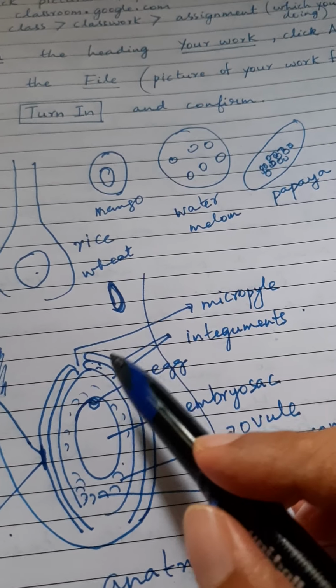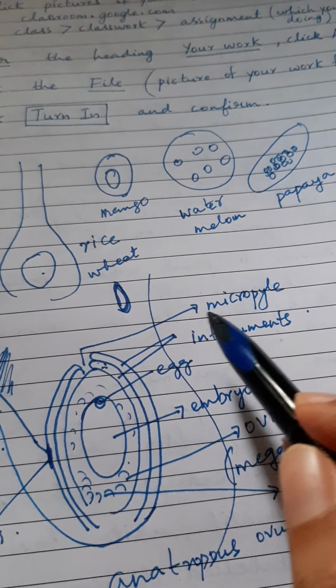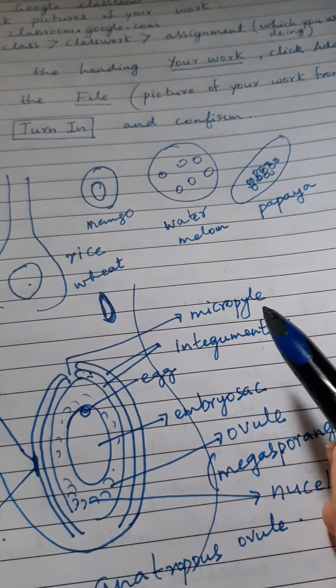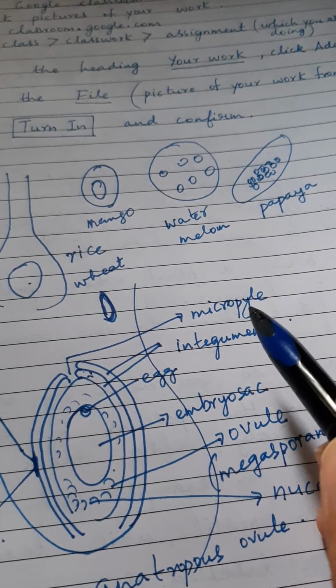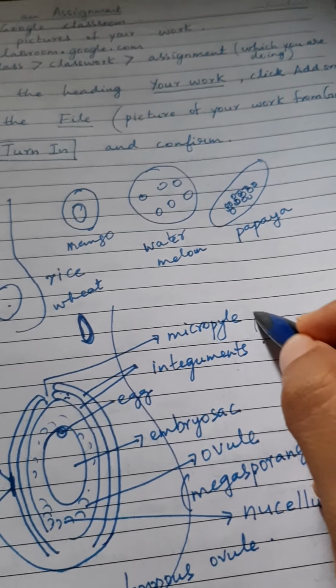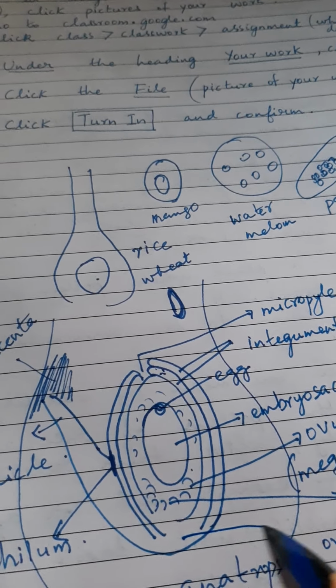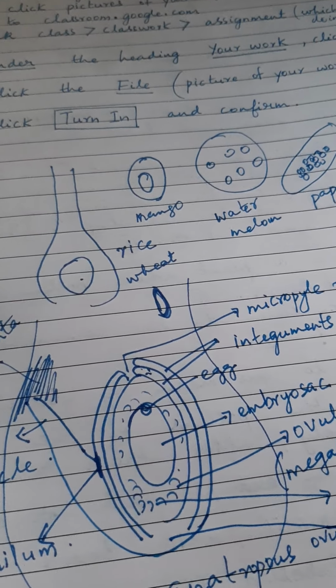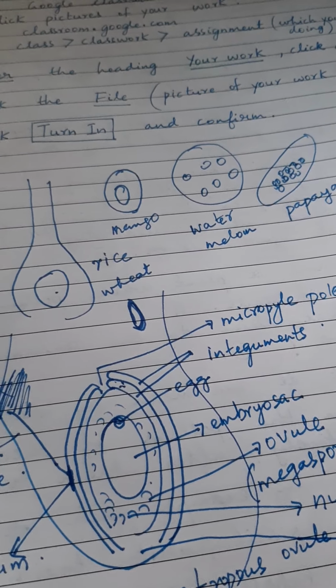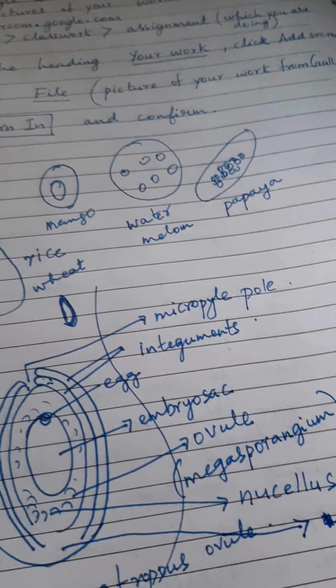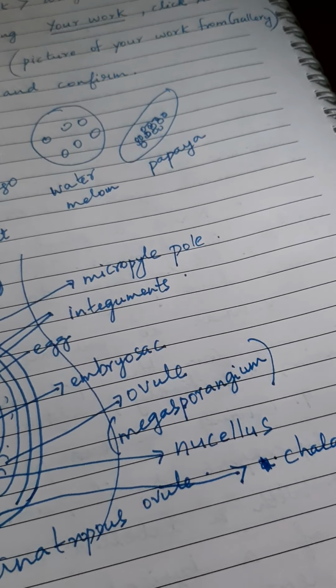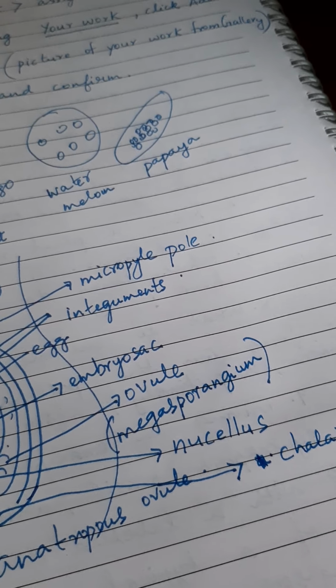Now the end where the micropyle is there is called micropylar end or micropylar pole. The opposite side of the micropyle is called chalazal end or chalazal pole.